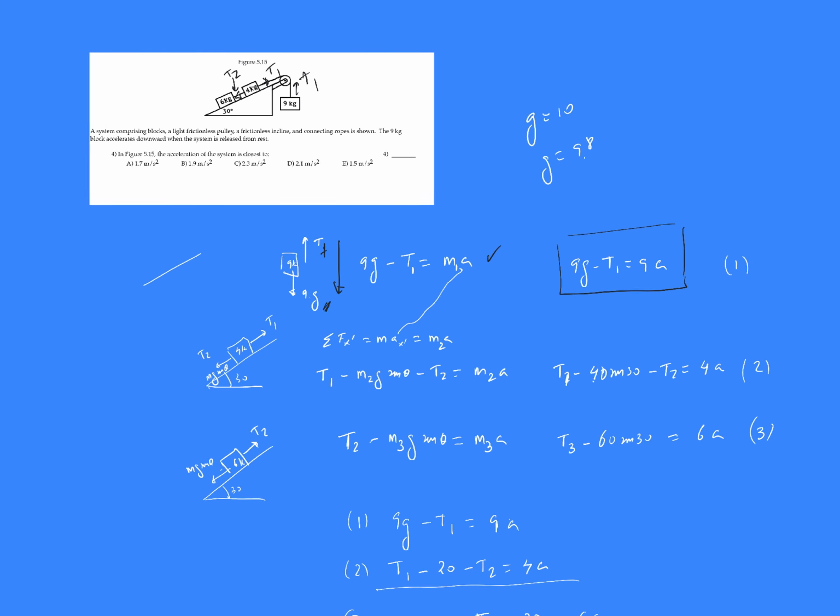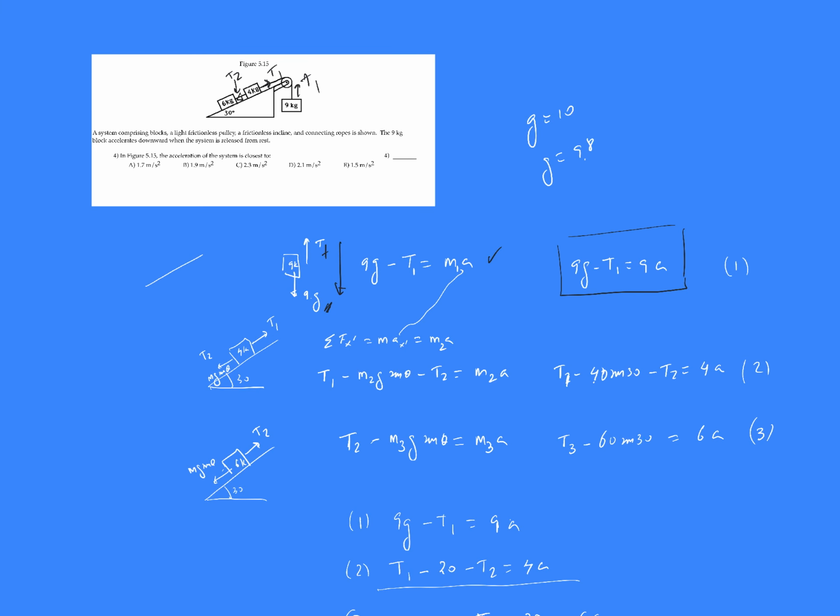So we go now to the second object. The second object is the 4 kilogram, and we make a free body diagram. We look at the forces acting in the x direction. I see T1 going positive, going up. We choose this positive direction, up. T1 is positive. T2 is negative, is the tension that the rope exerts on the 4 kilogram.